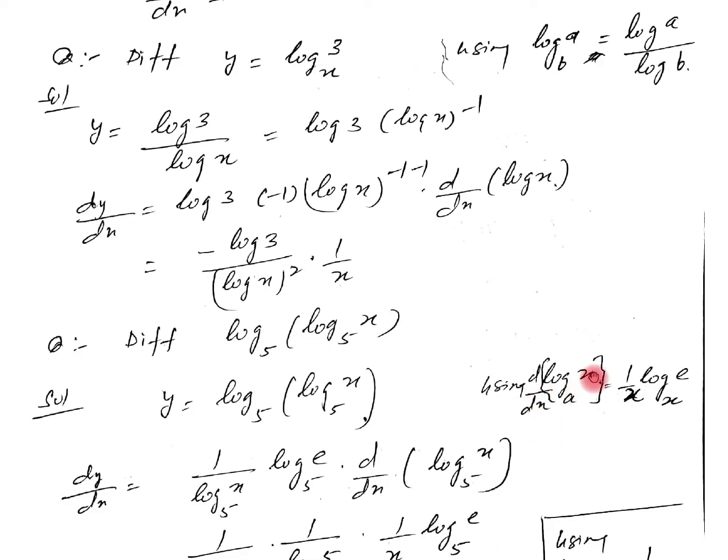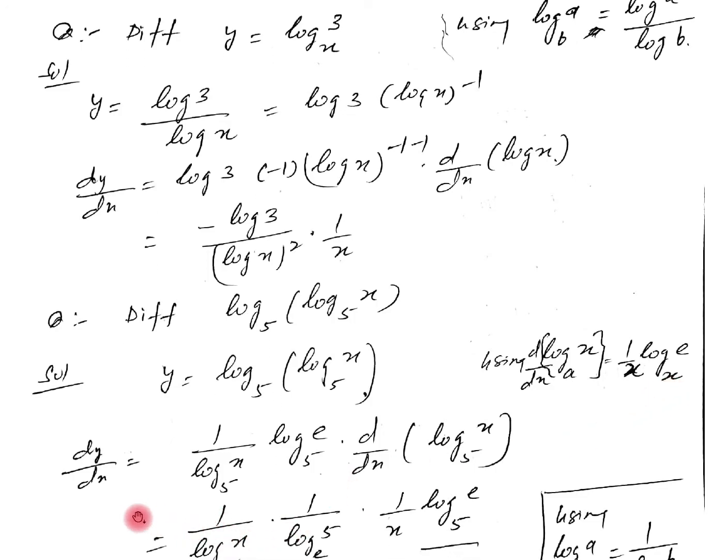But the derivative of log x with the base a is equal to 1 upon x into log of e with the base a. Here it should be a. See it again. The derivative of log of x with the base a is equal to 1 upon x, log of e with the base a. Now again differentiating, dy by dx by using this result, it can be written as 1 upon x, because this is our whole x.